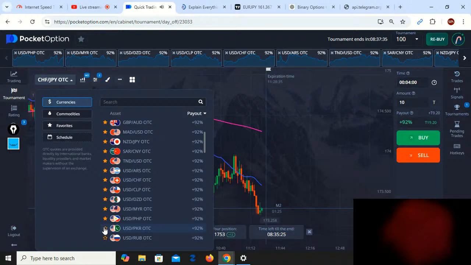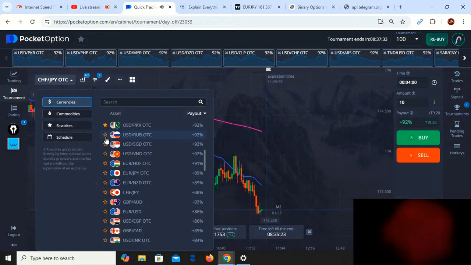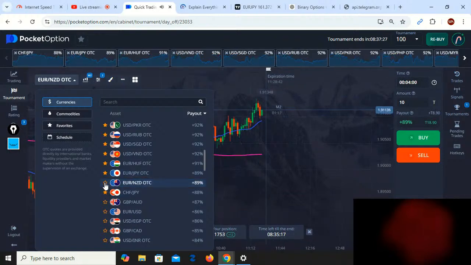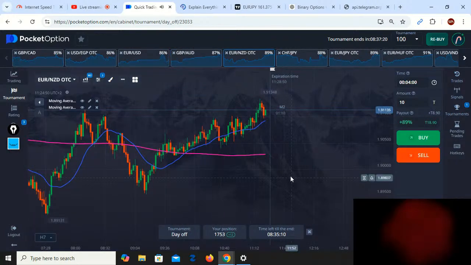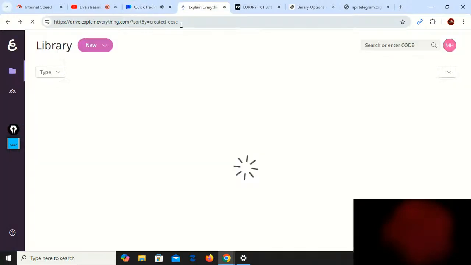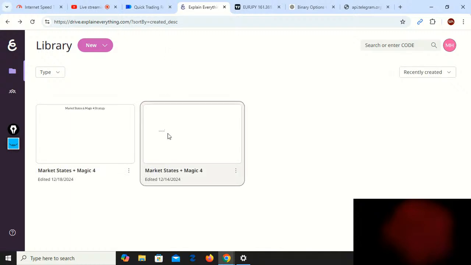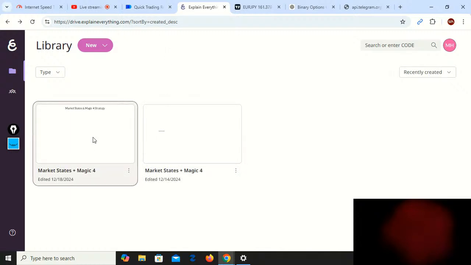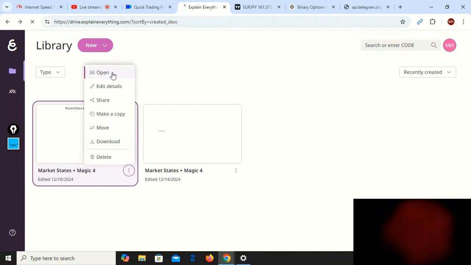Okay. A few live pairs as well. Maybe we can find some nice situations to trade from. Okay. Market states plus magic 4. That's it. Open.